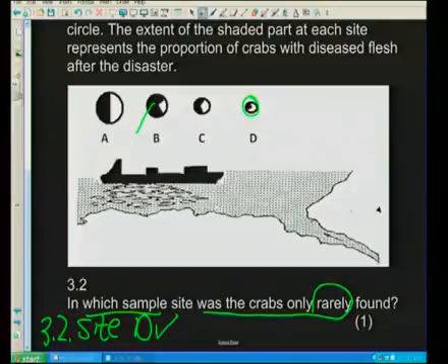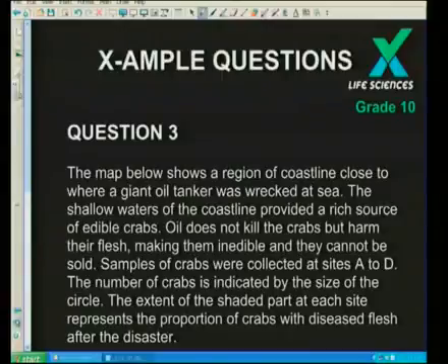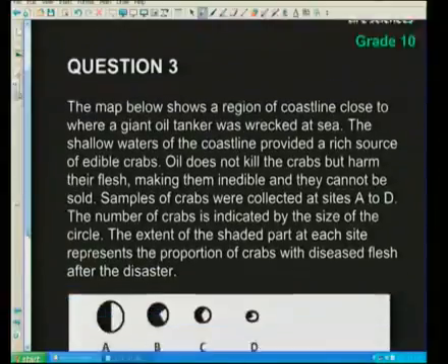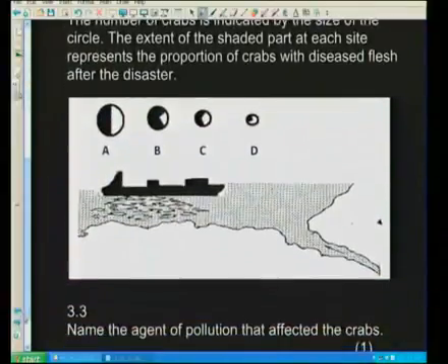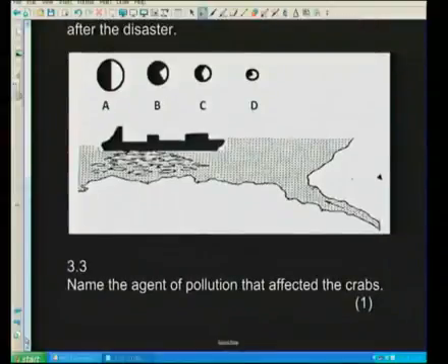1 mark. All right, we move now to question number 3.3, same diagram, and we're going to look at the next question. It says now, name the agent. The agent means what was the cause of the pollution. What caused the pollution?